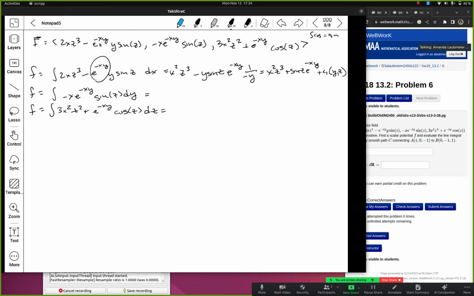All right, next up, we're integrating the second component, the j hat component, with respect to y. This again has that messy looking integral in it. But minus x sine z is a constant as far as y is concerned, and then we're just integrating e to the minus xy with respect to y.